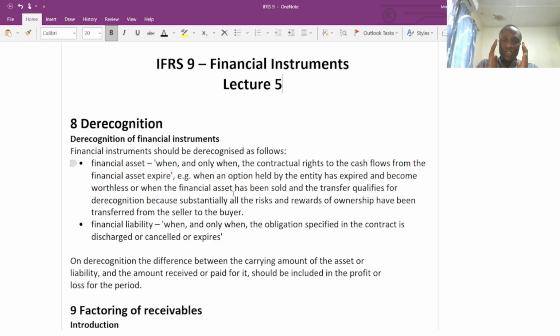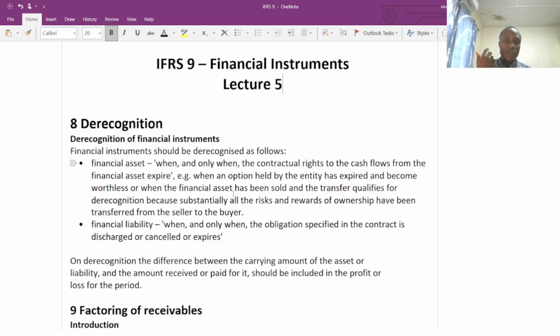So what you need to know relating to derecognition, you need to know the definition and the recognition criteria. If you know the definition of financial asset and financial liability, and if you know the recognition criteria, then if the recognition criteria is not met, we are going to derecognize that particular asset.